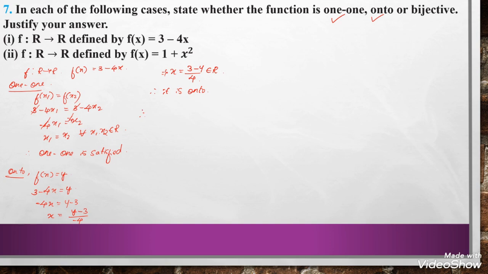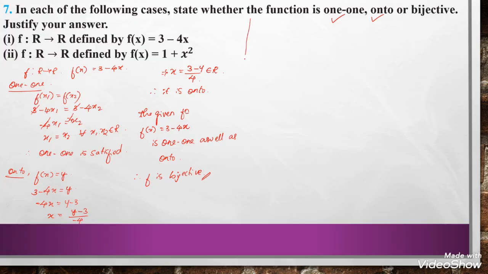By the one-one and onto conditions, the given function f of x is equal to 3 minus 4x is one-one as well as onto. If both conditions are obeyed, then the function is bijective. Okay, this is the solution of the given problem.